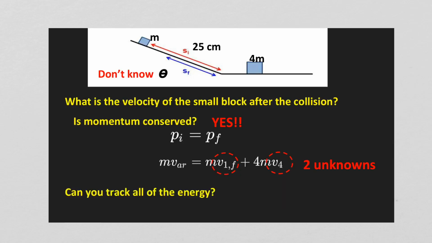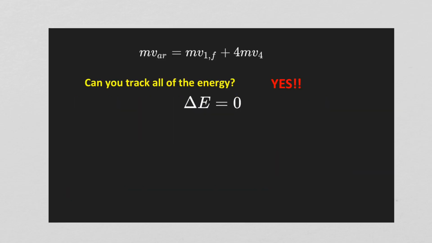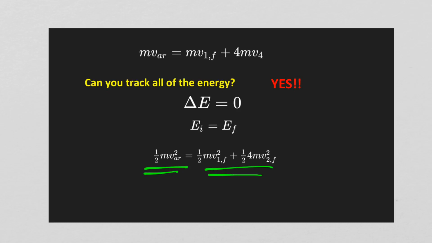But I said it was perfectly elastic, which means we can track all of the energy. And then the change in energy is 0. Energy initial equals energy final. Initially, only the little block has kinetic energy. Finally, they both do. And now I have an expression for momentum, so this is my delta P equals 0. And now I have delta E equals 0.